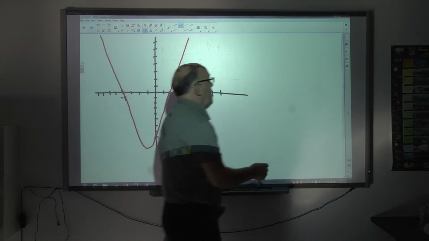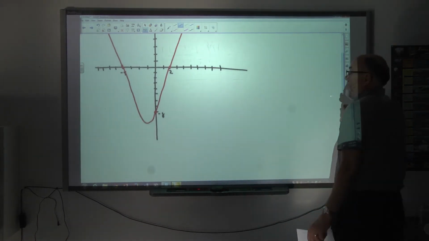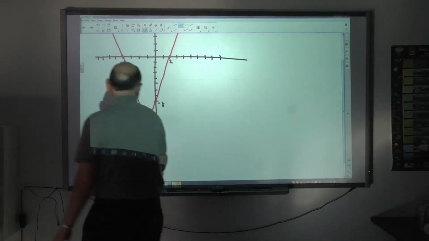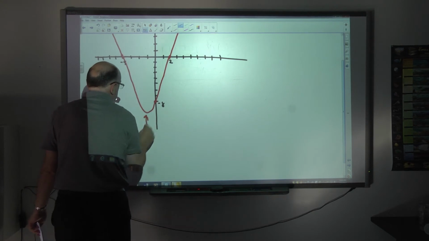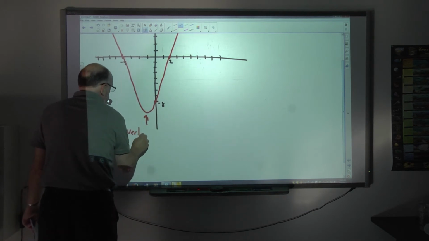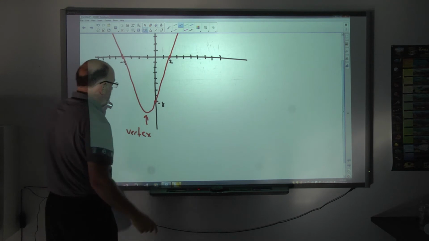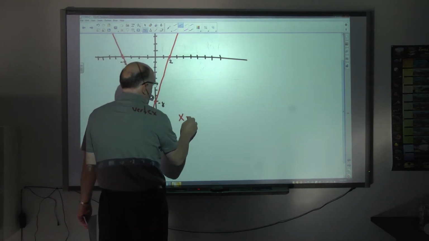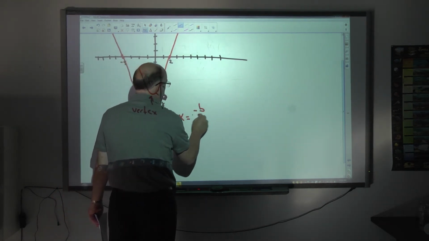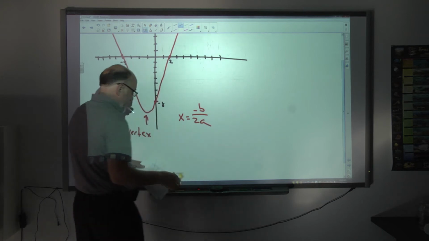We can also get this vertex point, this point here at the bottom. The x value is given by -b over 2a.